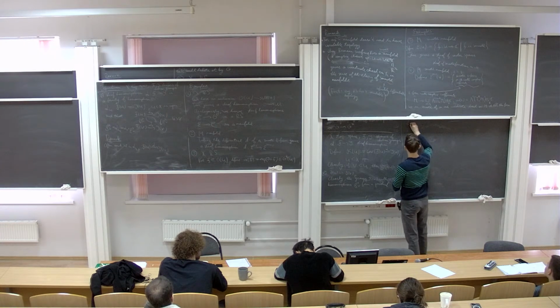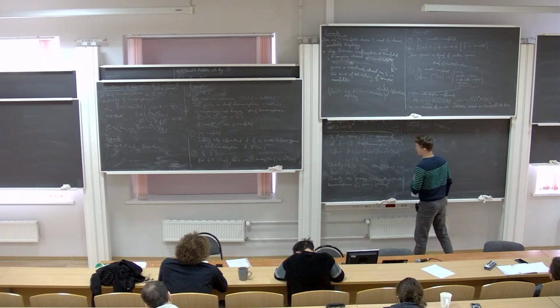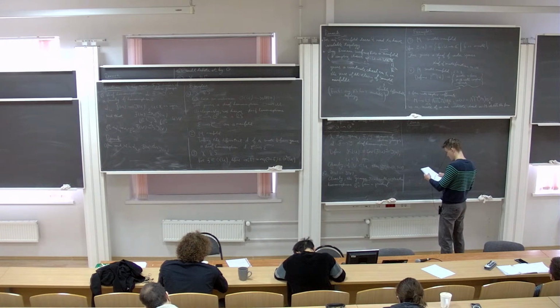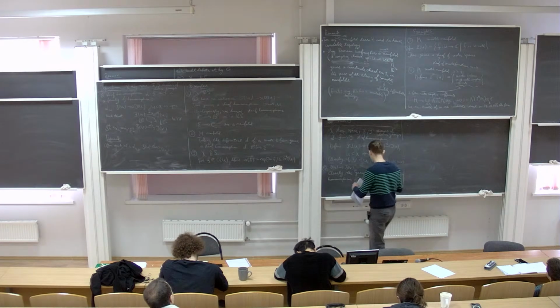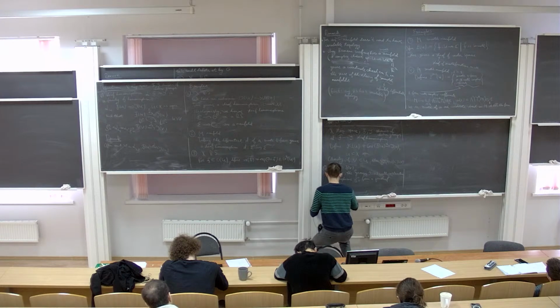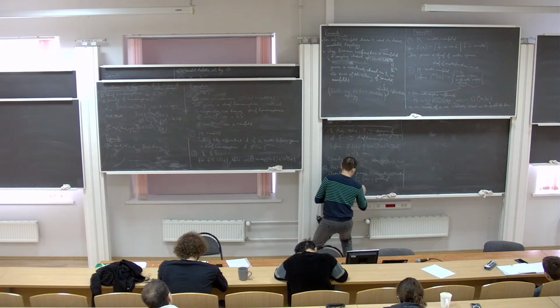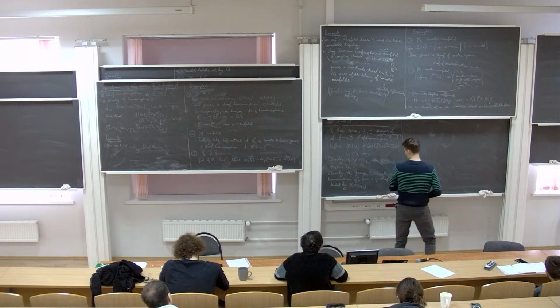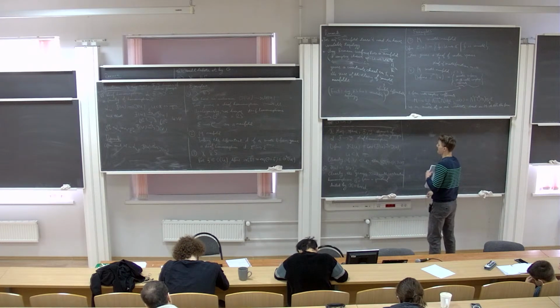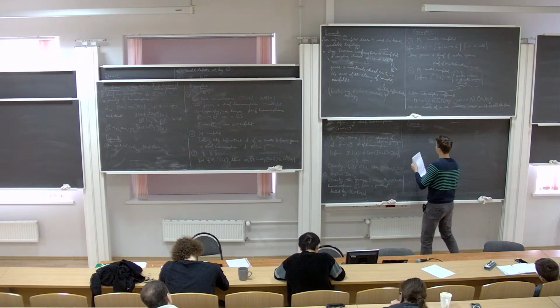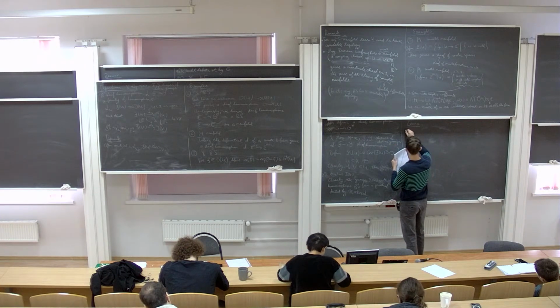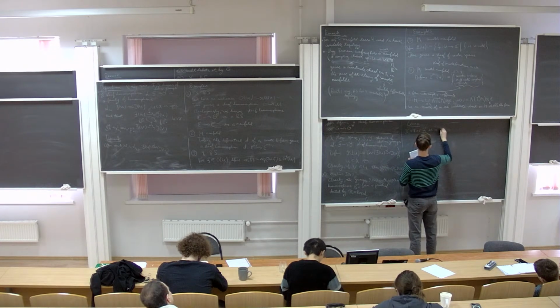For the pre-sheaf denoted by K equals kernel of alpha, the lemma says that K alpha is a sheaf.